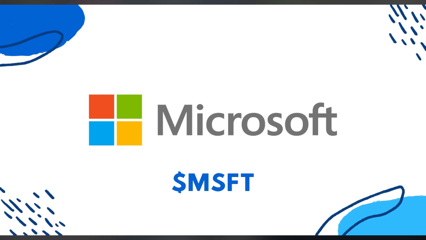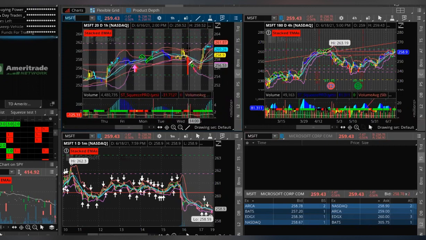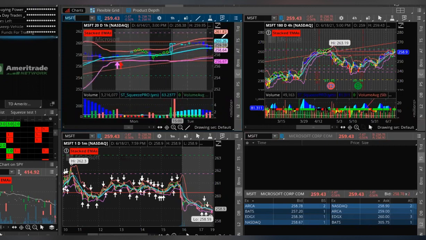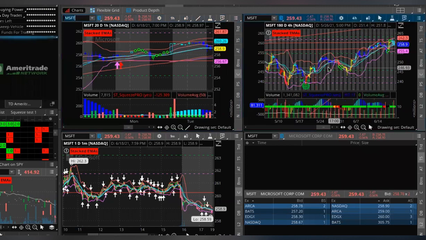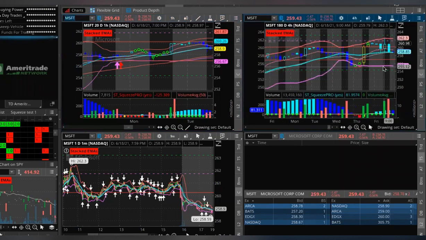Another ticker that I'm going to look at is Microsoft. Around Monday, so the 14th. All right, Microsoft actually took off a little later for us. This was an end of day pump.